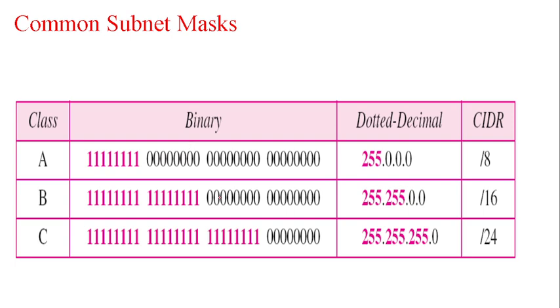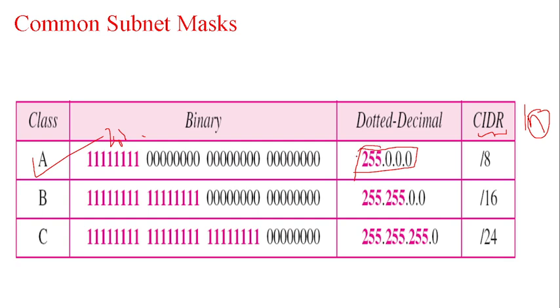So these are a few common subnet masks. This belongs to class A, that is 255.0.0.0. Normally we are using /n notation to represent the subnet mask. CIDR is nothing but classless inter-domain routing. We call it /n notation, where n represents the number of bits reserved for network ID.